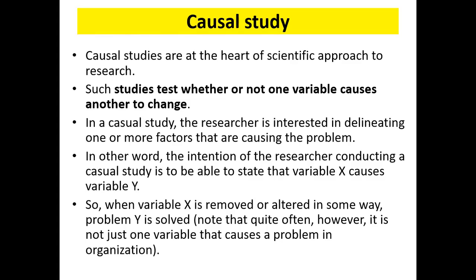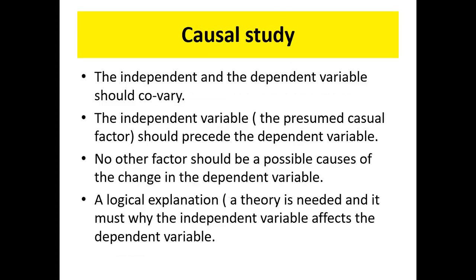So X causes variable Y. We call this causality. These are the 3 types. You have to mention the purpose of your study: whether it is exploratory, descriptive, or causal study.